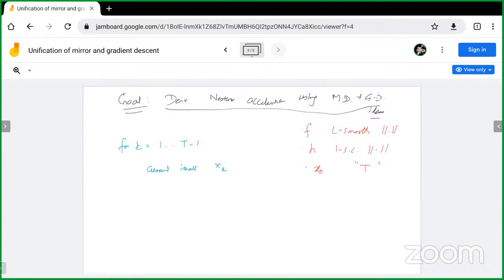Now I want to do two steps. First is a gradient descent step, which you know very well. I want to say that yk plus 1 is xk minus eta times the gradient. And I also want to do a mirror descent step.